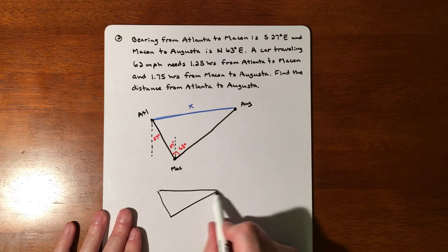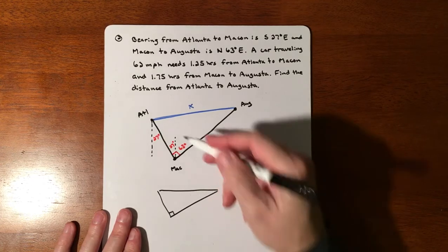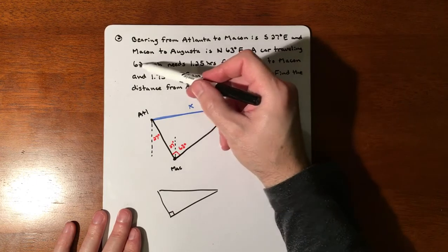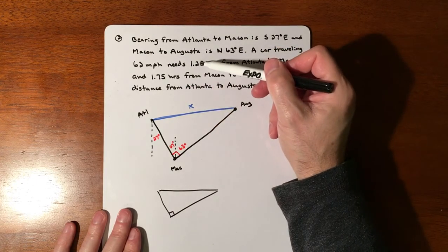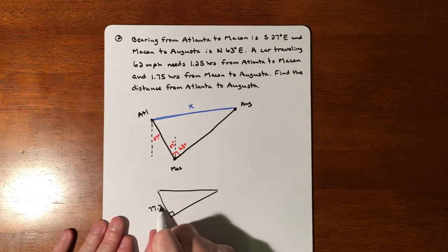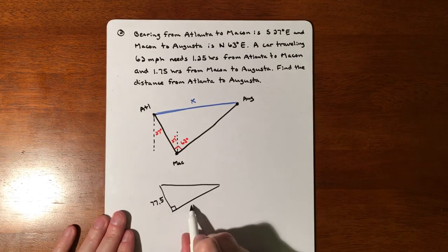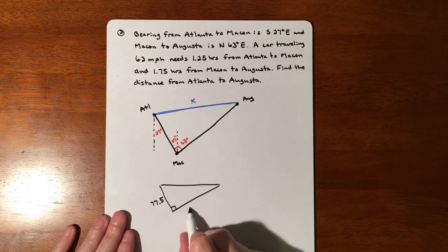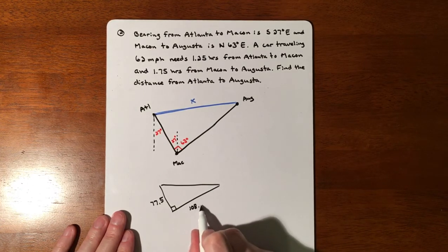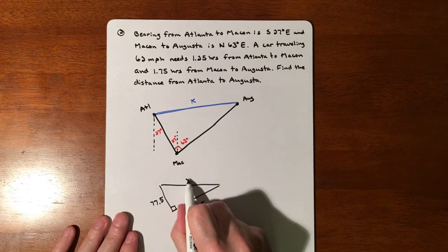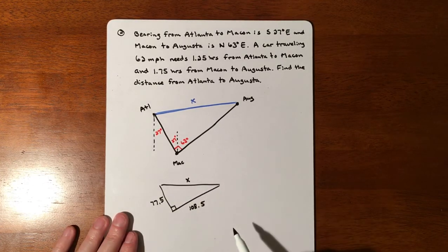So let's simplify that. We went from Atlanta to Macon at 62 miles per hour for 1.25 hours. That makes 77.5 miles. 1.75 hours for this stretch at 62 miles per hour makes 108.5. And then we can do the Pythagorean theorem to figure out this distance from Atlanta to Augusta.